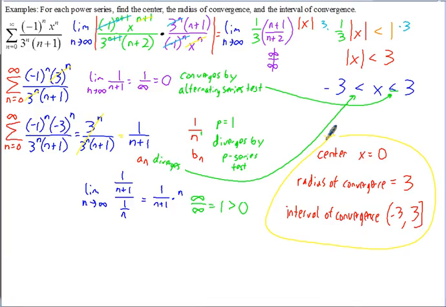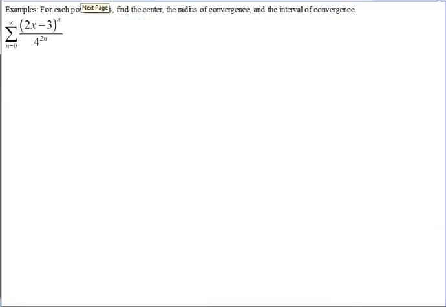All right, let's take a look at one more example. Using the ratio test, the limit as n approaches infinity of the absolute value of 2x minus 3 to the n plus 1 over 4.